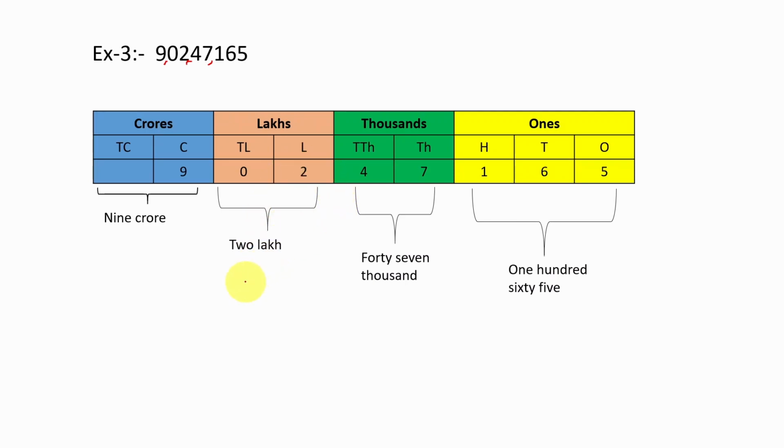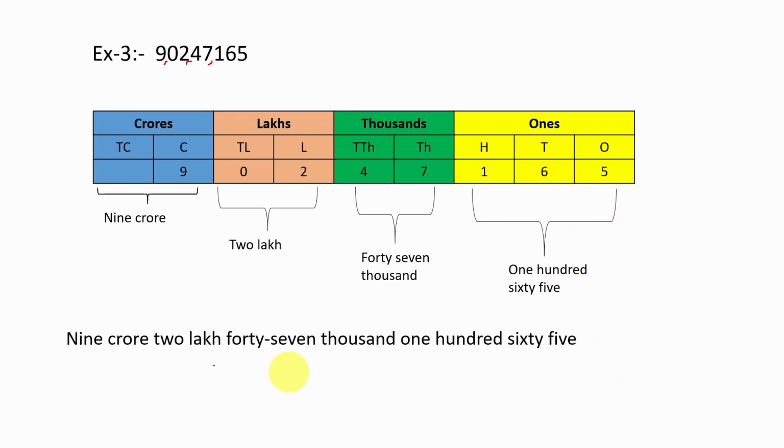So 2 lakh. 47,000. 165. The number name is 9 crore 2 lakh 47 thousand 165. 2,47,165.